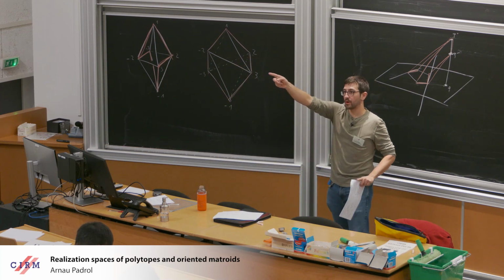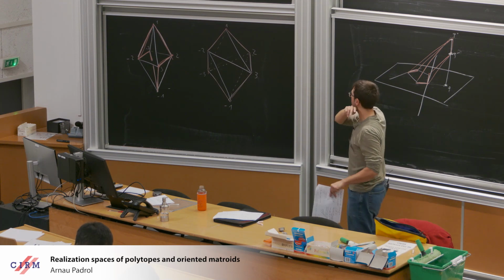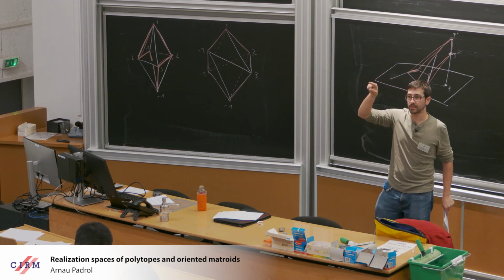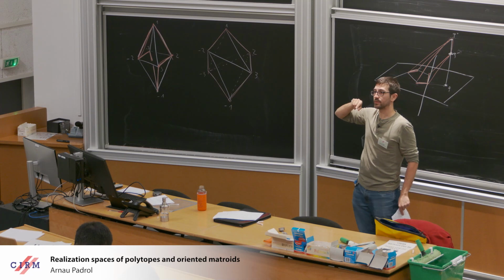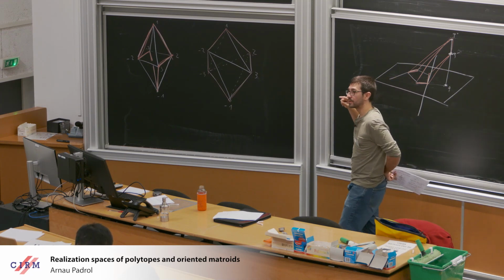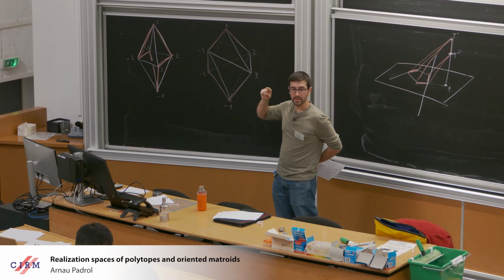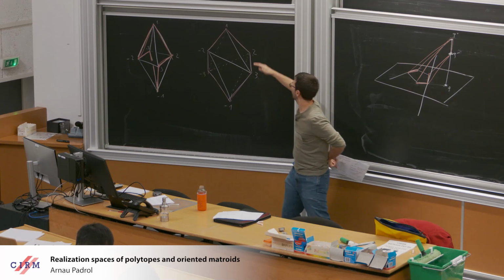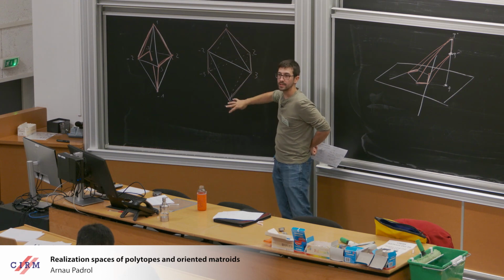And now you take this point that I placed at infinity, and you do a Lorentz lifting on that point. Okay, so now you get a 4-dimensional polytope, and we did this Lorentz lifting, so we left this in a hyperplane.